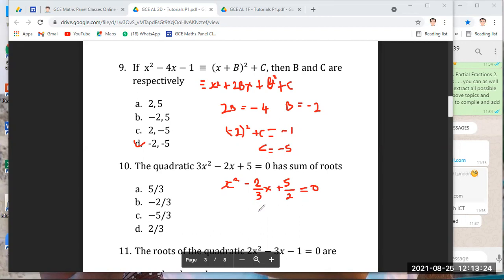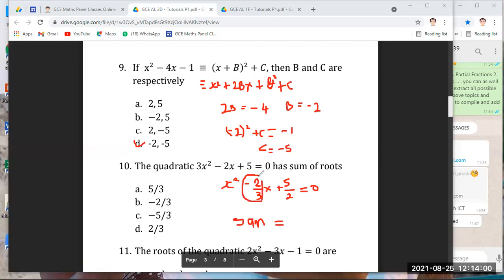So the sum is equal to the negative of this value that is here.